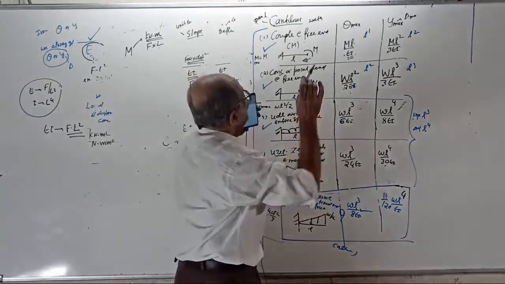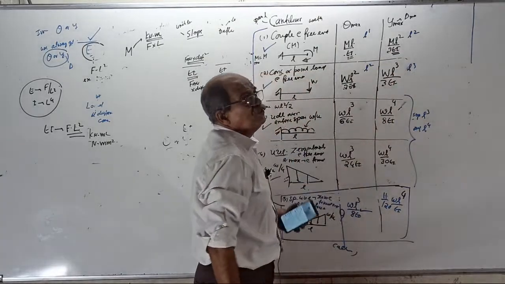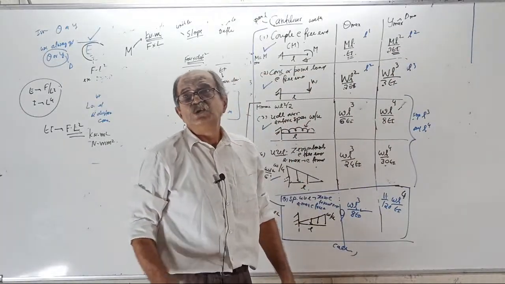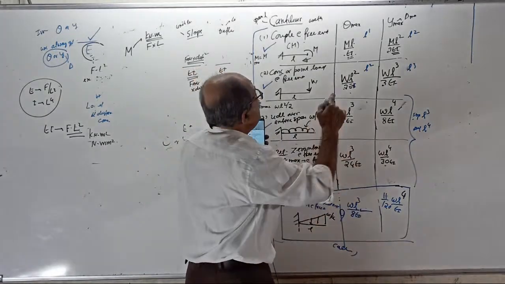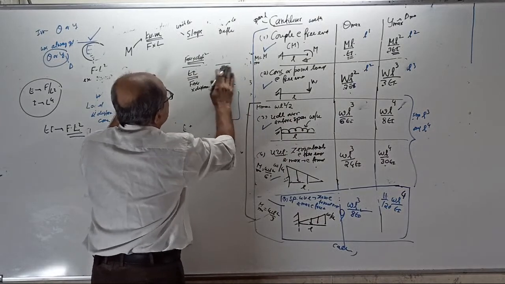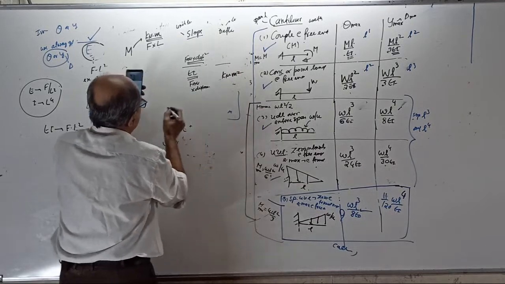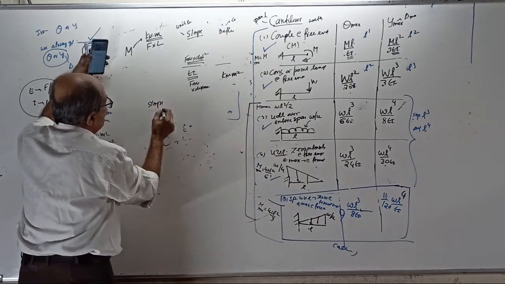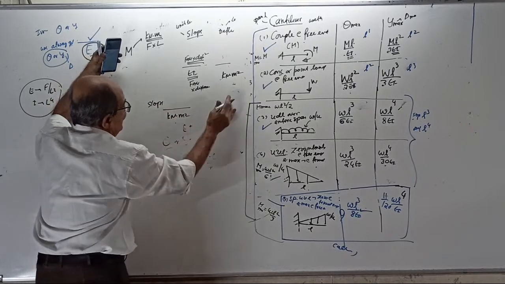Clear. Now, deflection. The denominator is kilonewton meter square. To get linear, what should the numerator be? Kilonewton is better to understand, but actually it can be any unit.